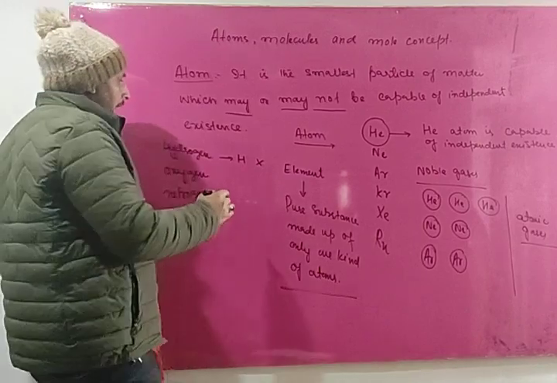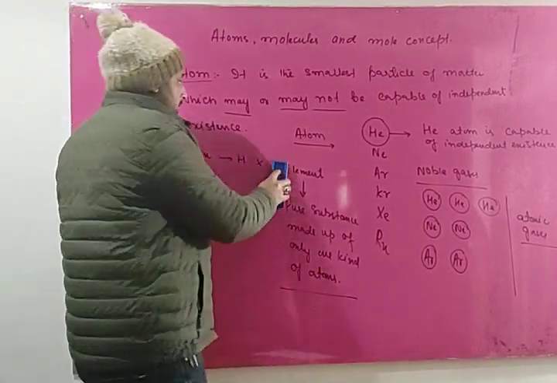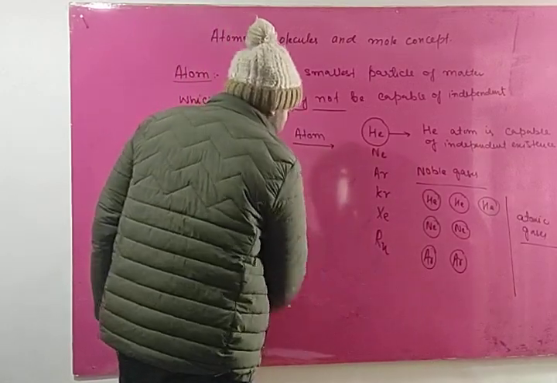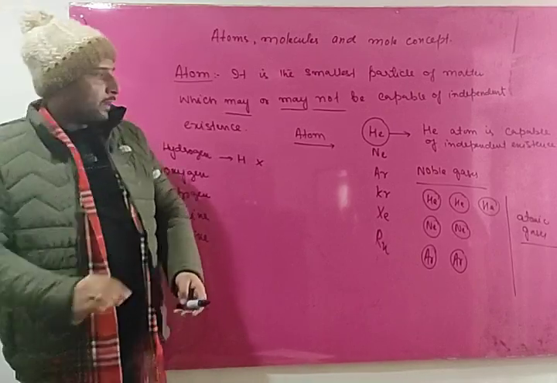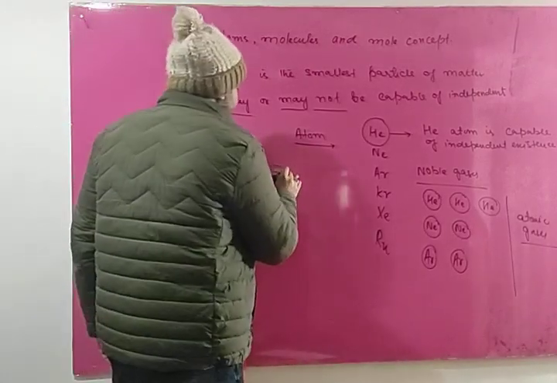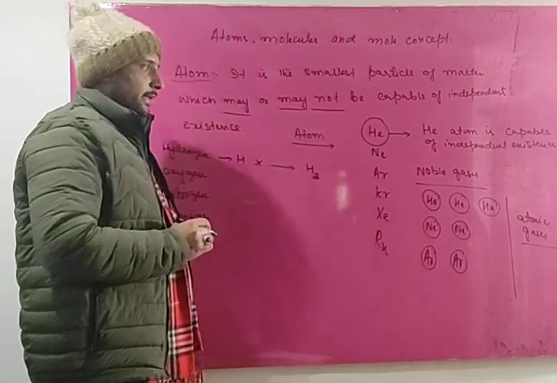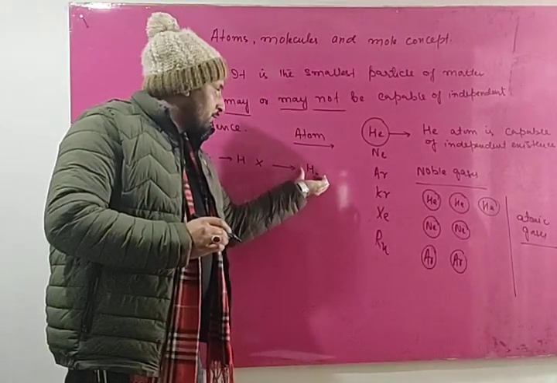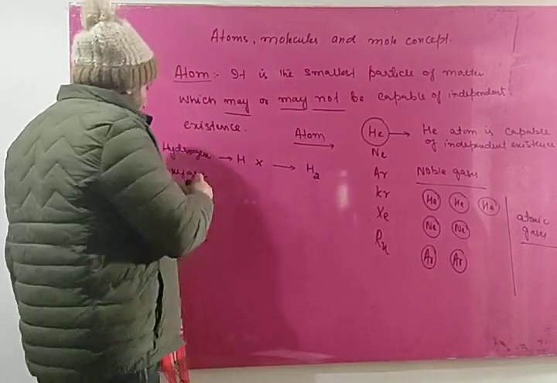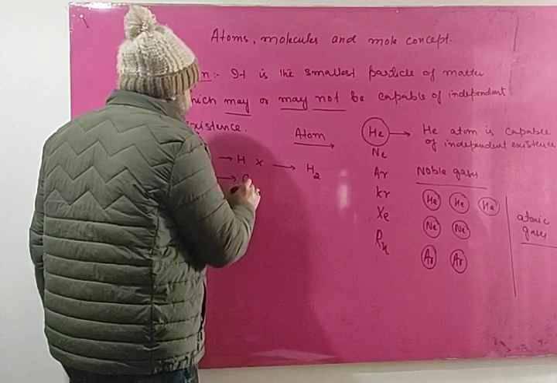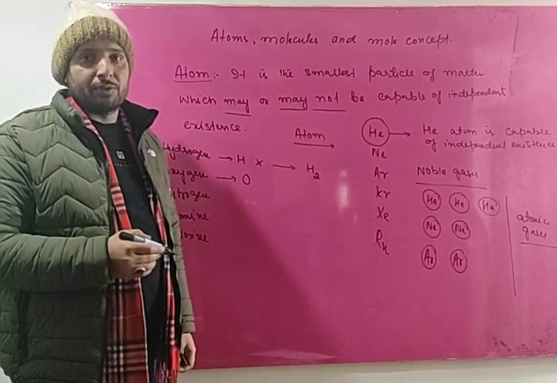But how does hydrogen exist in nature? Hydrogen exists in nature as H2 species. It's a group of two hydrogen atoms. Oxygen does not exist in nature under natural conditions, under normal conditions of temperature and pressure.